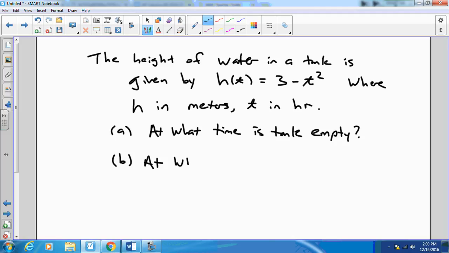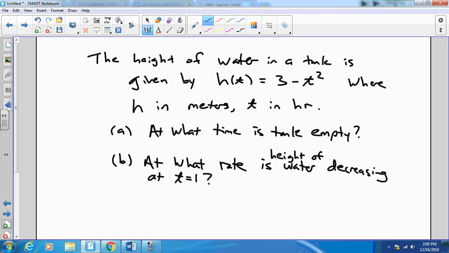And the second question might be, at what rate is the height of water decreasing at t equals 1? So this is a typical kind of real-world problem in which we might use derivatives.